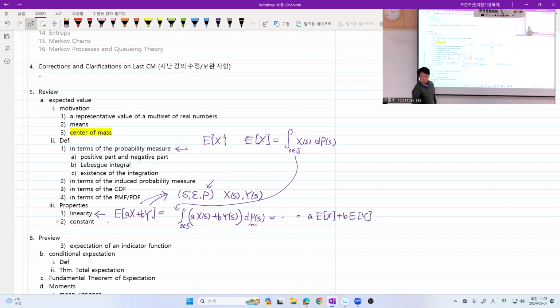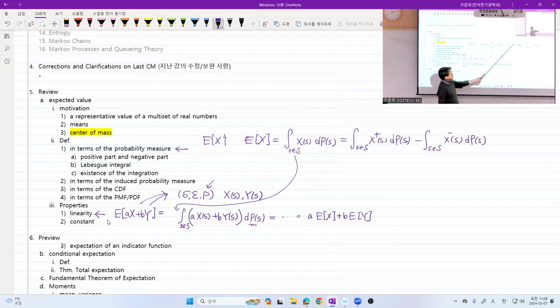So in order to compute this integration, first we need to define the positive part of the function and the negative part of the function, which is still non-negative, and subtract them. Now, this X plus is always non-negative. This integration either exists as a finite number or positive infinity.